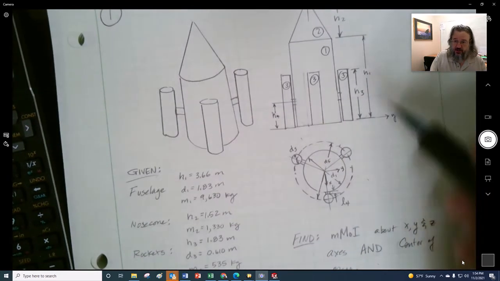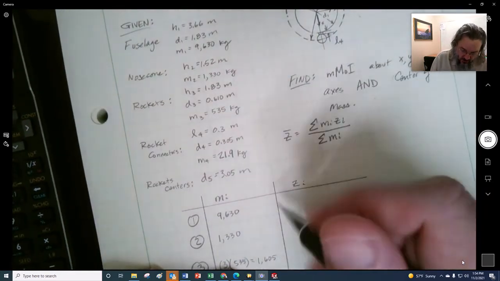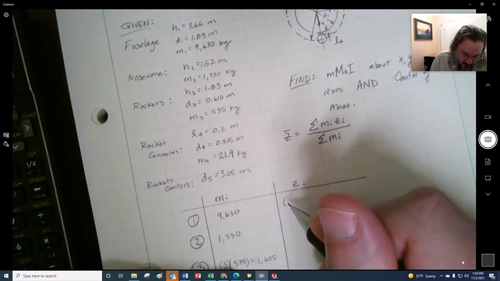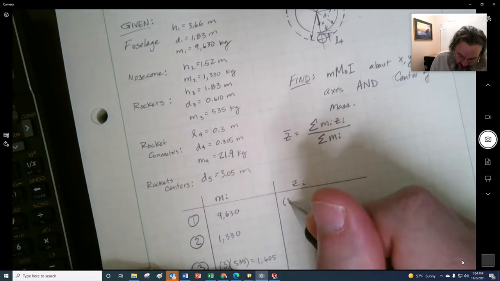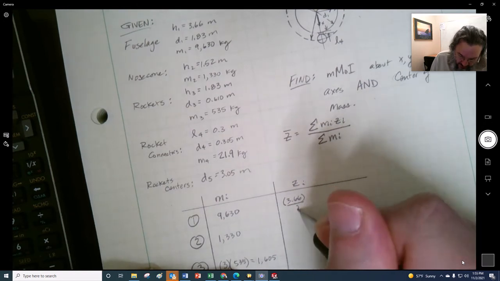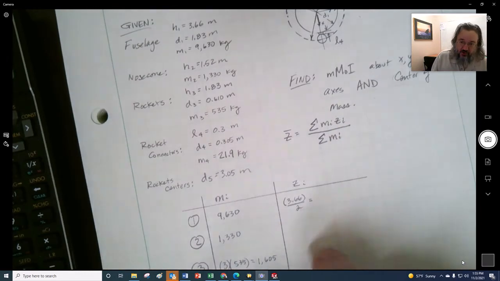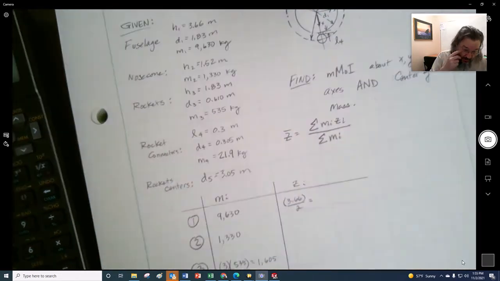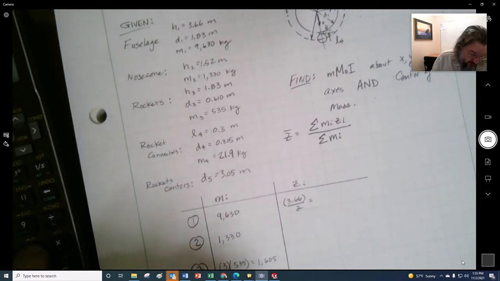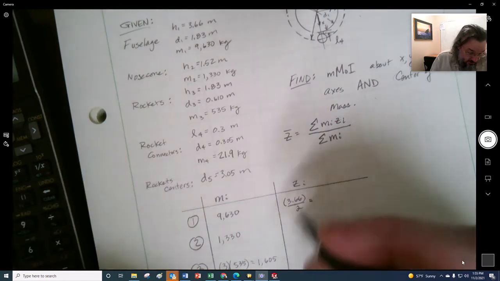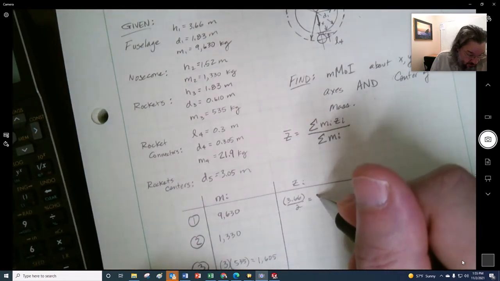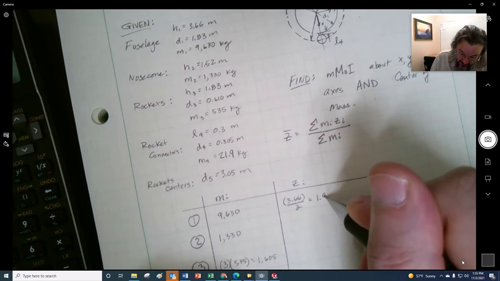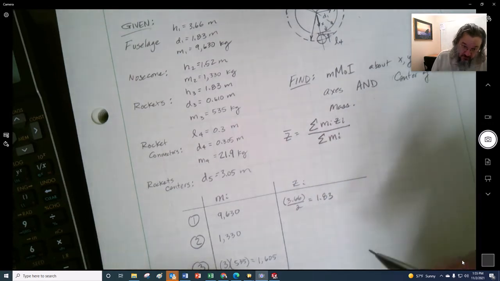So the height is h1. So we'll just take h1 and divide it by 2. So h1 is 3.66 divided by 2. I only gave you 3 sig figs there, so there's already going to be a little bit of error built into it, but that's just making excuses. So that's 1.83 meters.